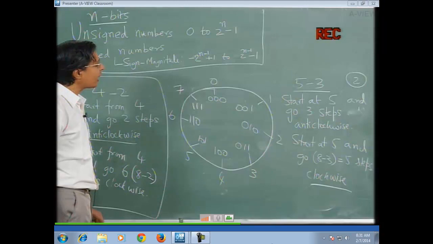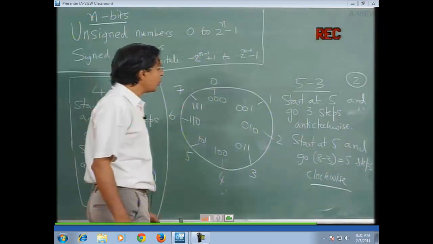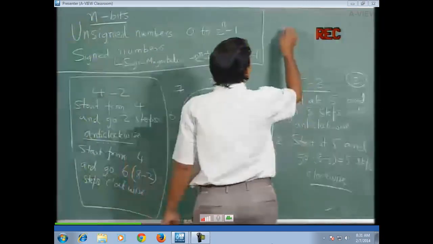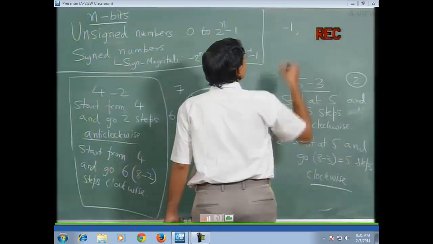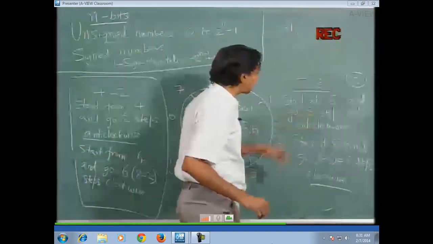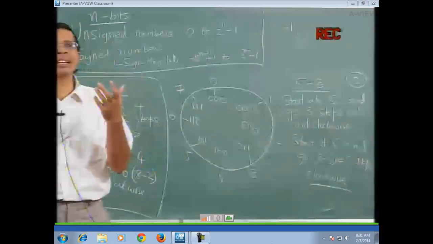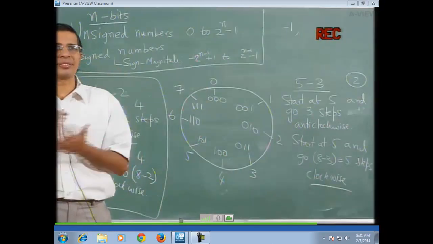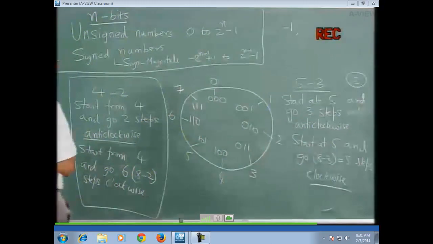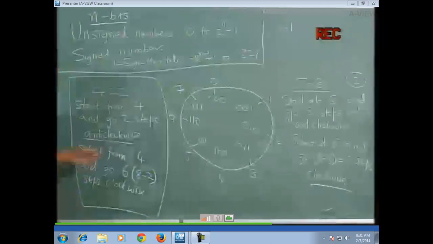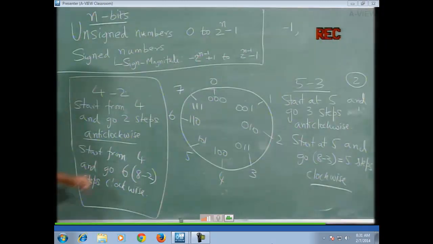So in essence, what we have done now: if I have minus 3, if I could model it as 5, then 8 minus 3 can be handled as 8 plus 5. If minus 2 could be modeled as 6, then I can handle 4 minus 2 as addition.